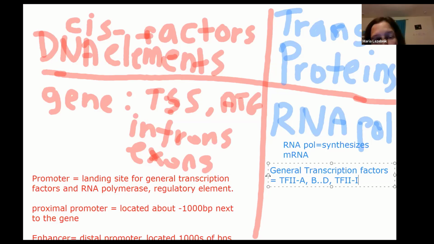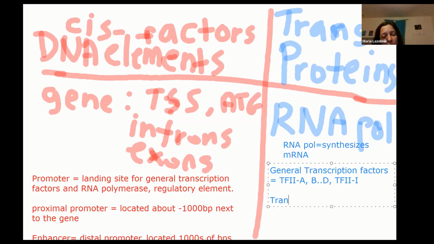And what they do is they bind to the proximal promoter, and they stabilize it. And then you have other transcription factors known as activators. So let's just write this down here.